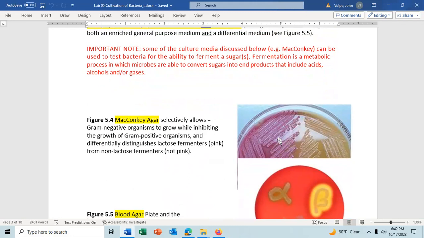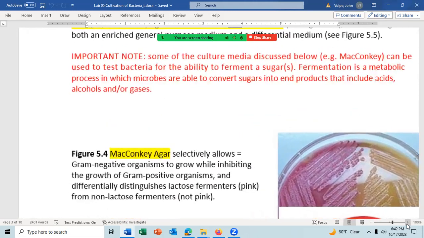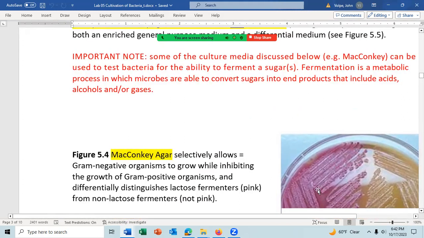And then if it grows on MacConkey's, you can differentiate between those that ferment lactose and those that do not ferment lactose. If the organism ferments lactose, that will produce an acid which will change the pH to a purple. And here you can see both the colonies or the cells are purple, as well as the media around the cells.